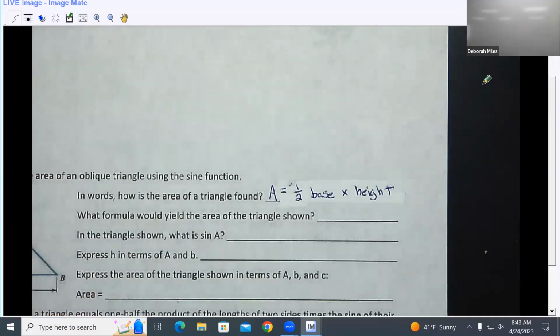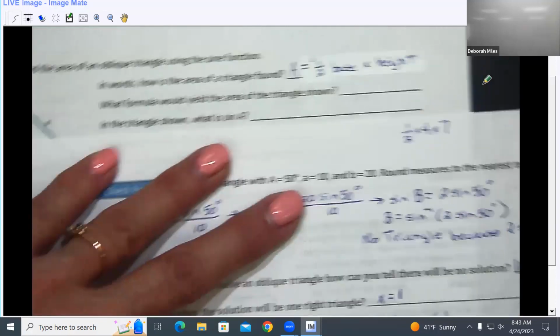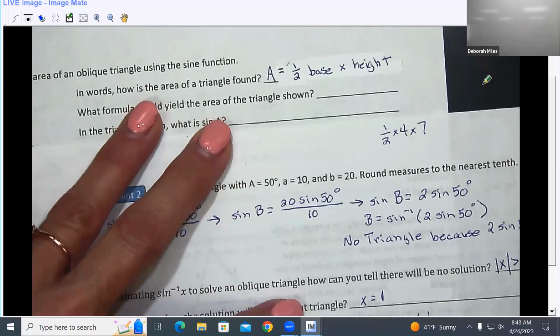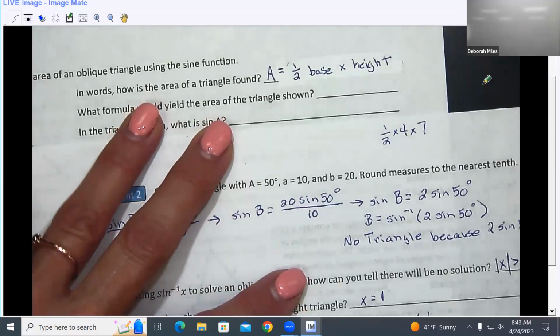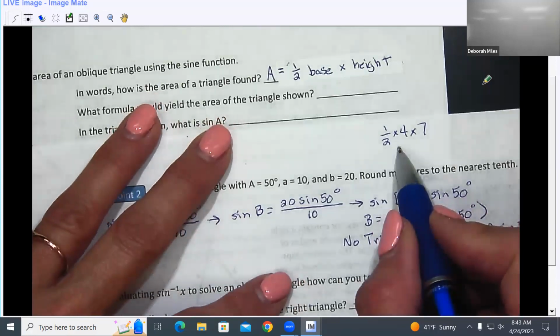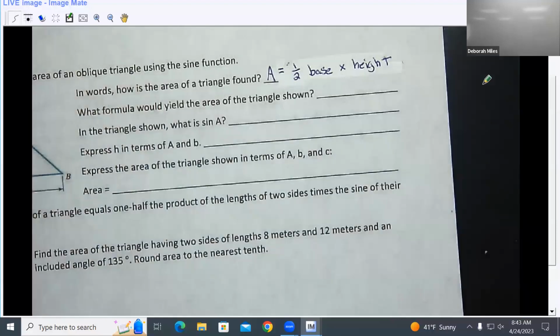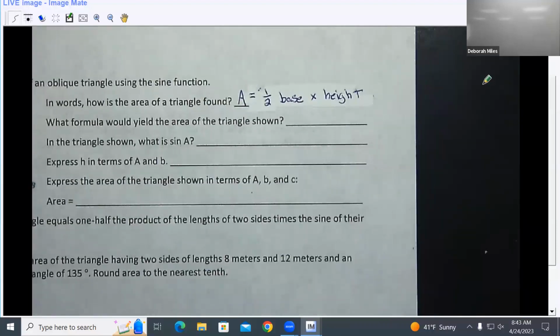If I had a triangle that had base 4 and height 7, just do 1/2 times 4 times 7. You don't have to have the 4 times 7 in parentheses. You could take 1/2 of 4 is 2, and then 2 times 7 is 14. All right, so that's the base times height.